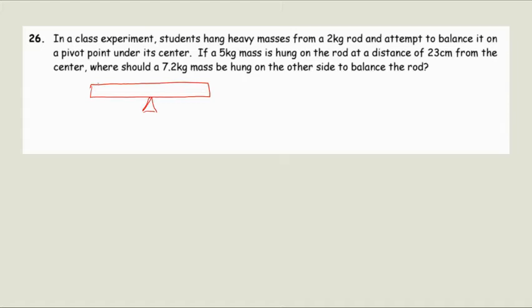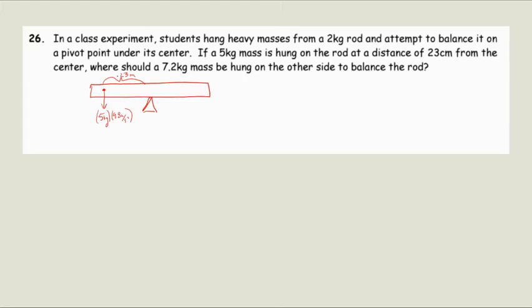So we end up having here 23 centimeters or 0.23 meters, and we have a 5-kilogram mass. So we have 5 kilograms times 9.8 meters per second squared.